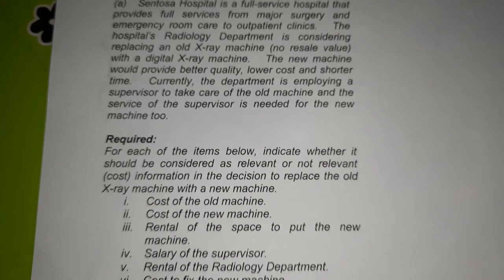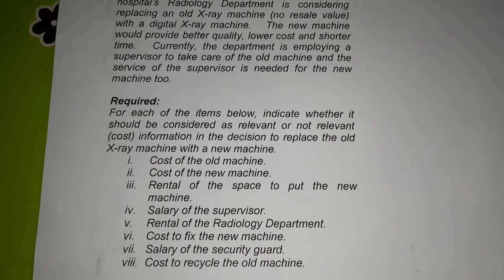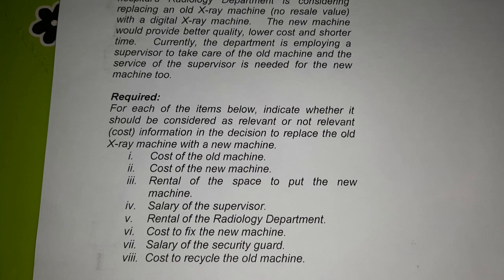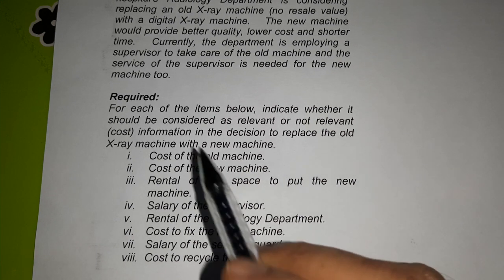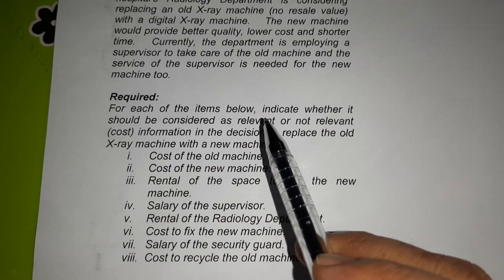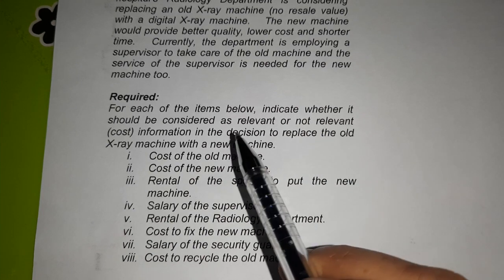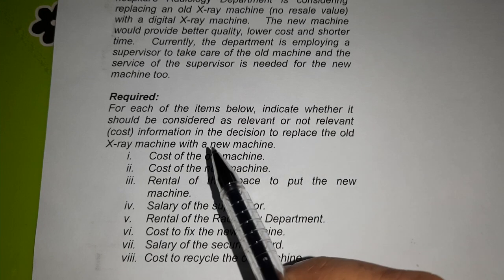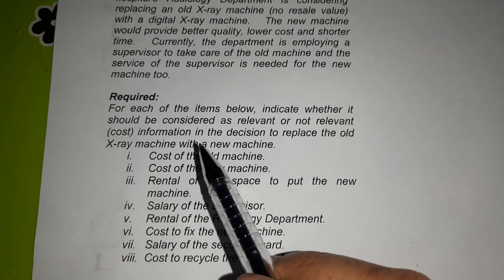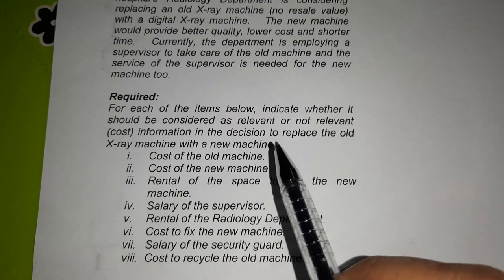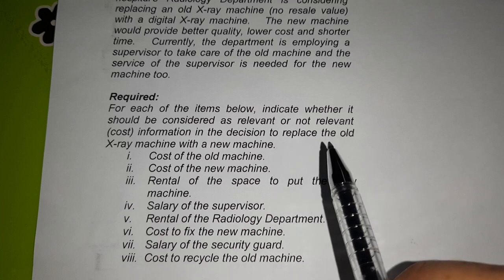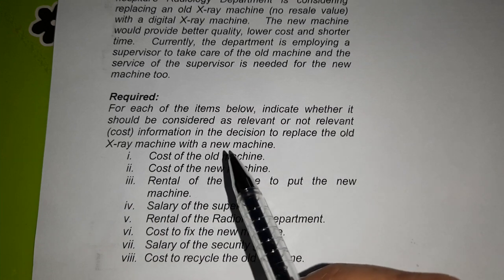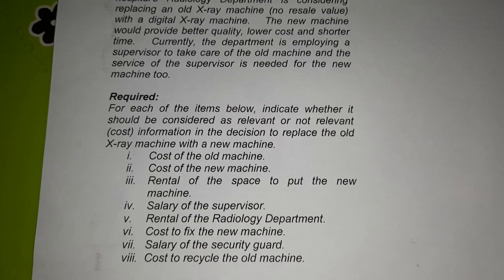And then this question asks you, for each of the item below, indicate whether it should be considered a relevant or not relevant cost information in the decision to replace the old X-ray machine with the new one.